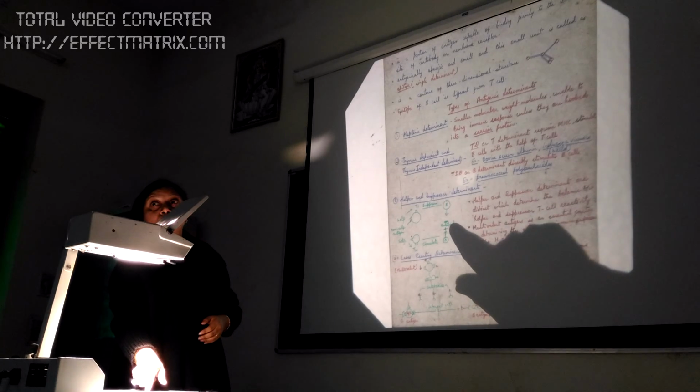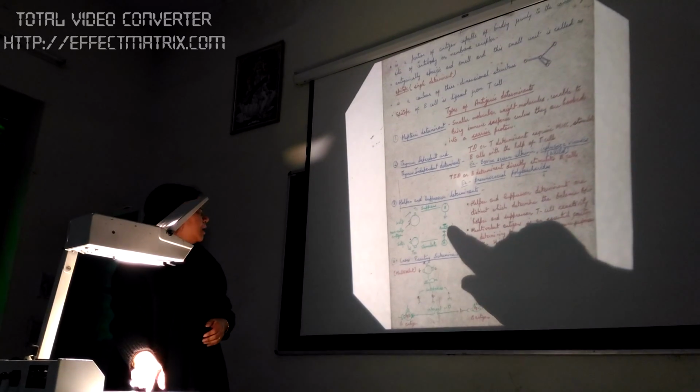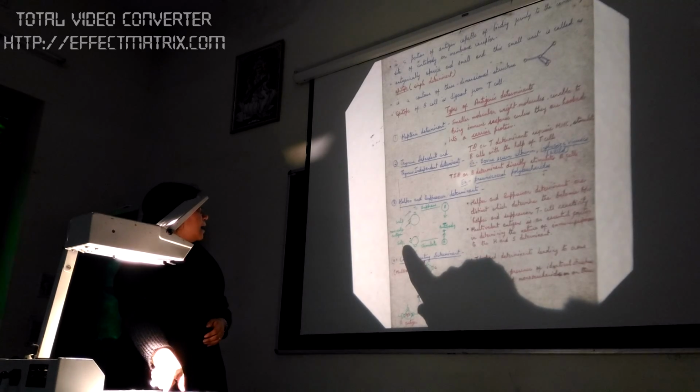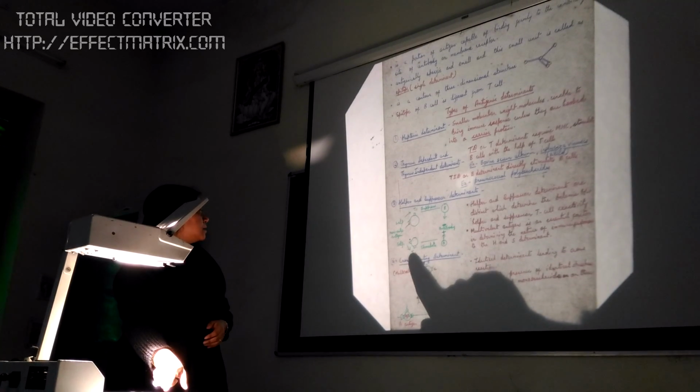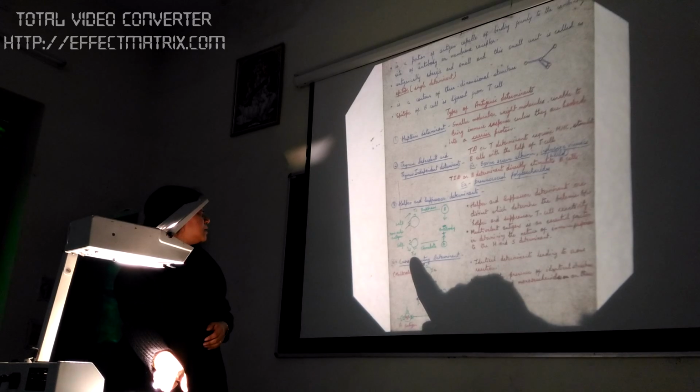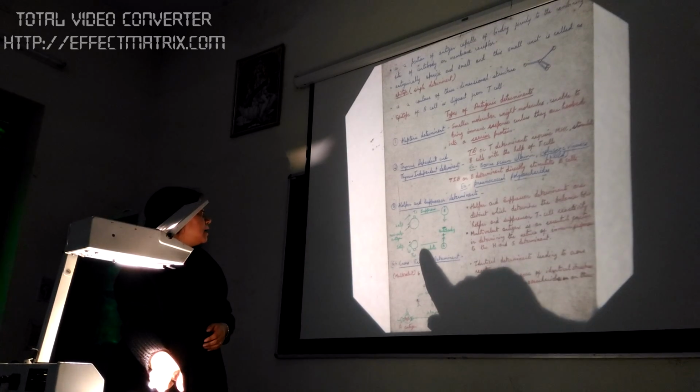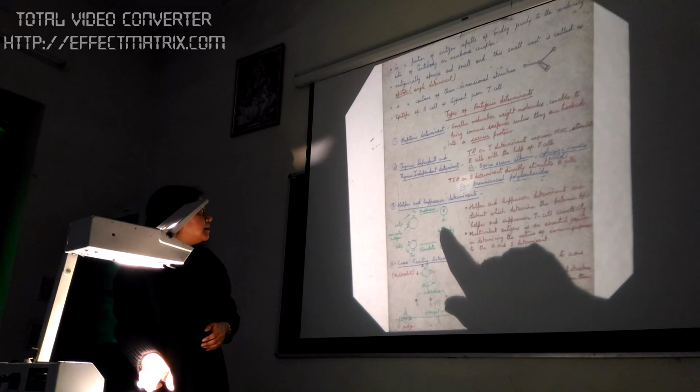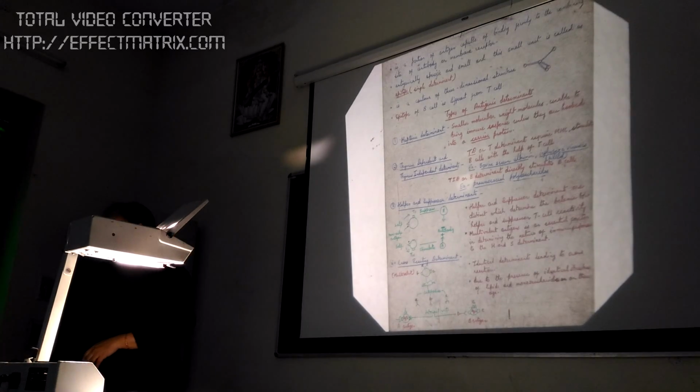There is no antibody formation. But if this cell activates TH cell, this TH cell secretes cytokines, it stimulates B cell, and the result is antibody formation.